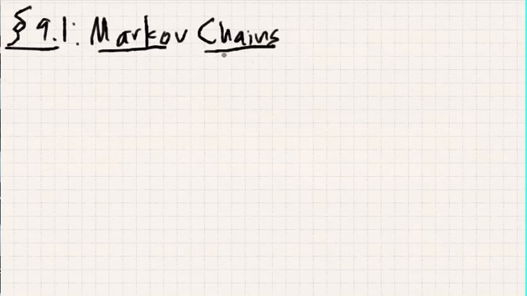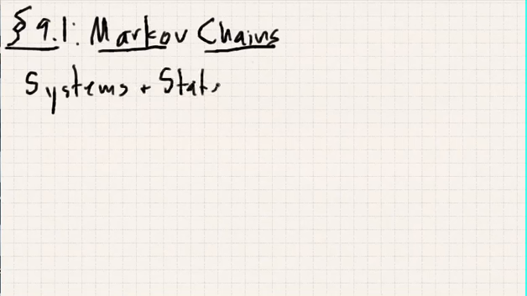The basic idea is that we are looking at things called systems, which have various states. Now, instead of just giving a definition, let me just give some examples.